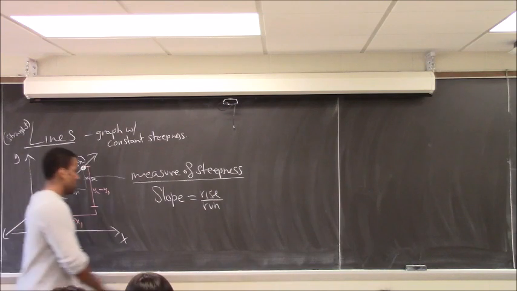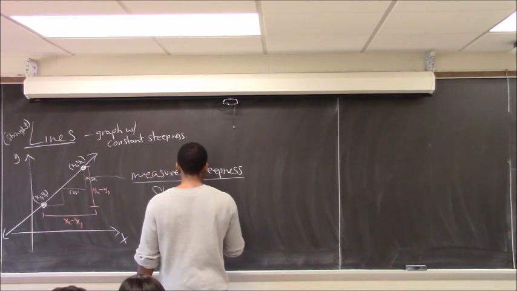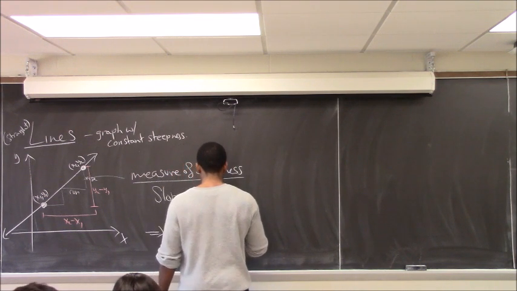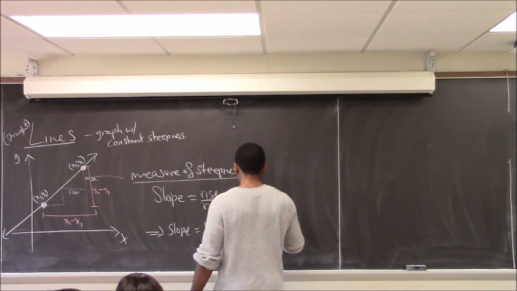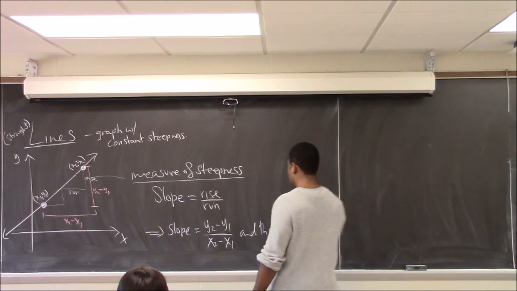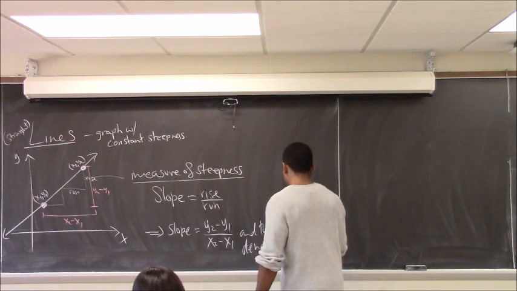And so you end up with the slope equals y2 minus y1 over x2 minus x1. And this is often denoted m.